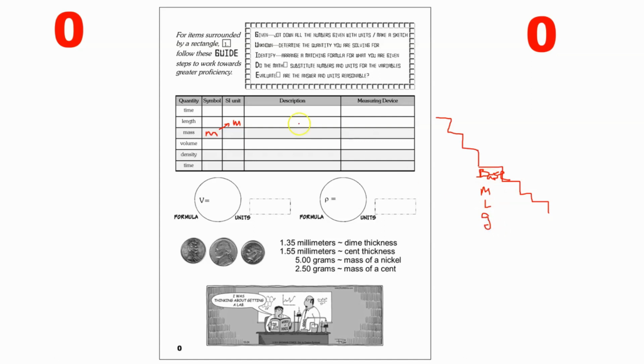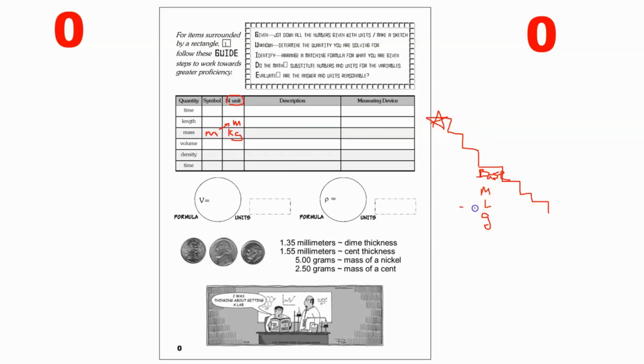Now, also, the SI unit for length is the meter. The SI unit for volume is the liter. But be careful, base step doesn't always mean the official SI unit, because the SI unit for mass is actually the kilogram. The kilogram. So this step right here is the SI unit for mass.